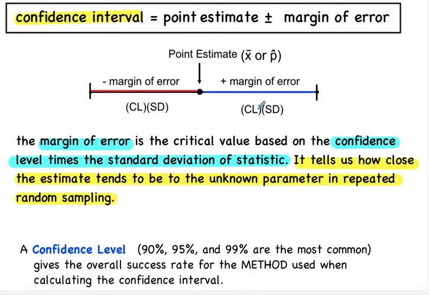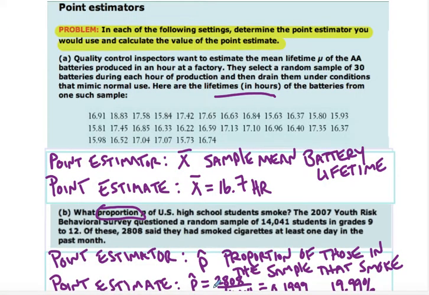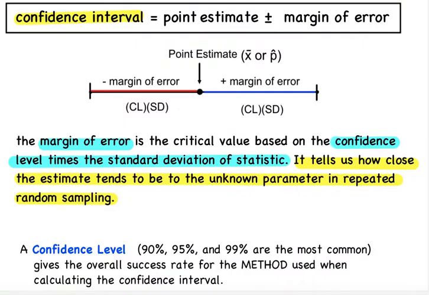Here's more information about a confidence interval. This is the most basic way to think of it. You have your point estimate, which again on the last page was either an x bar or a p hat, plus or minus a margin of error. If this is what we got in our sample, we add a margin of error and that gives us an upper bound.